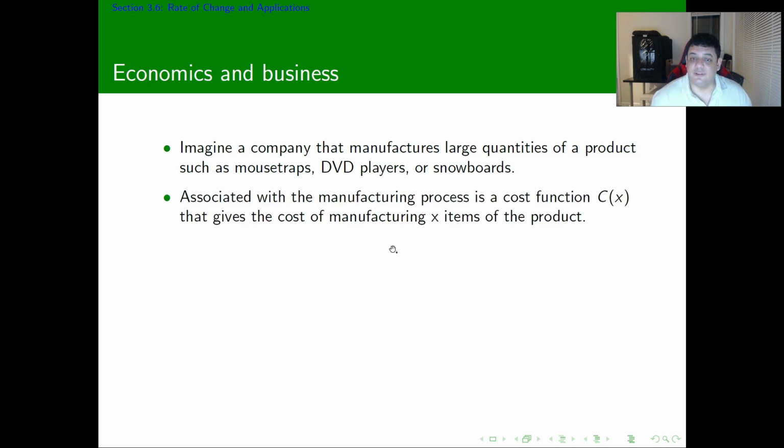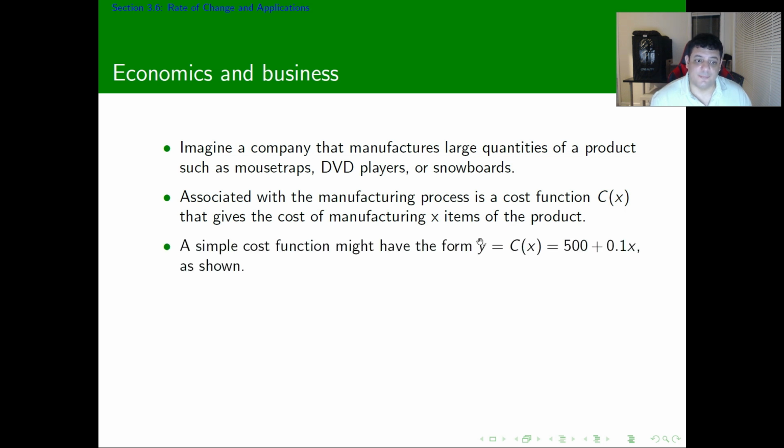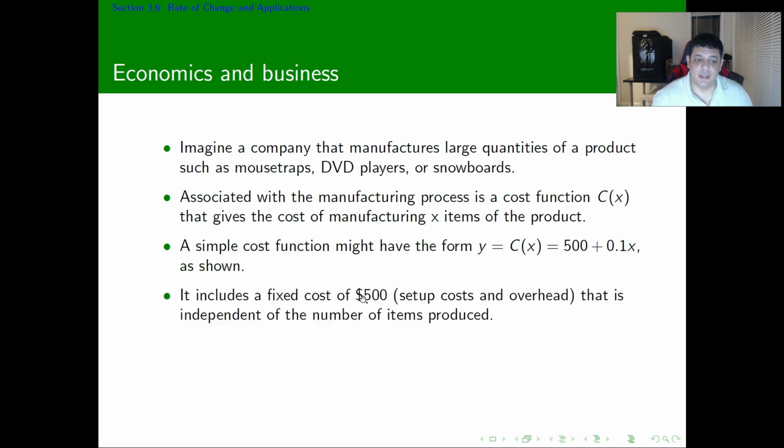We have associated to the manufacturing process a cost function C of x that gives the cost of manufacturing x items of the product. A simple cost function might have the form y equals C of x equals 500, which is the fixed cost, plus 0.1x as the variable cost.